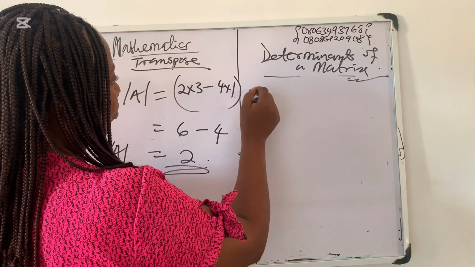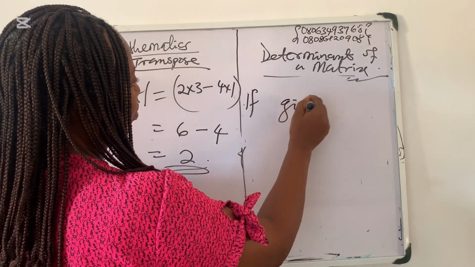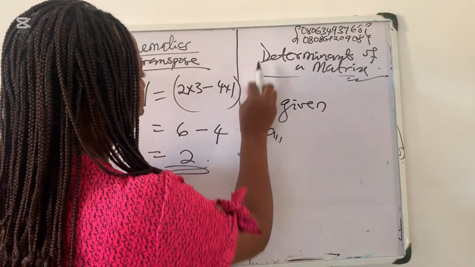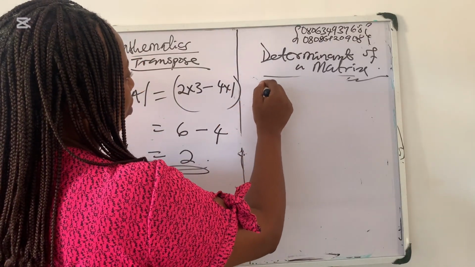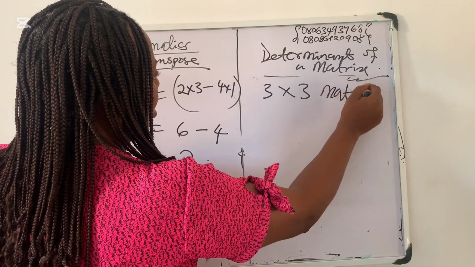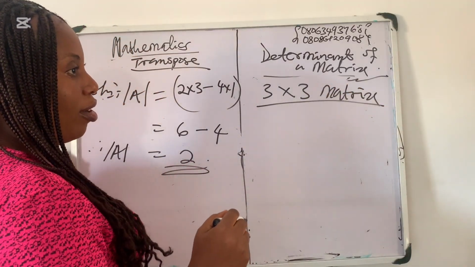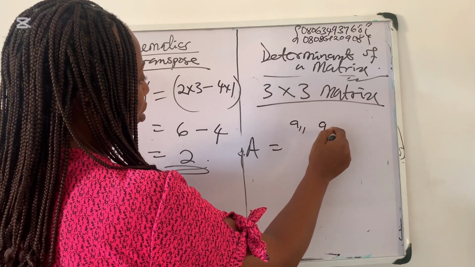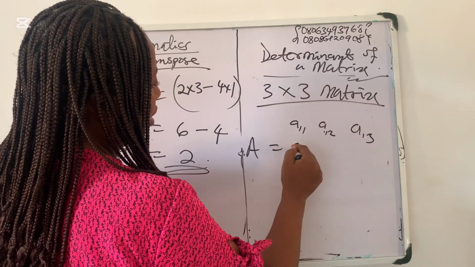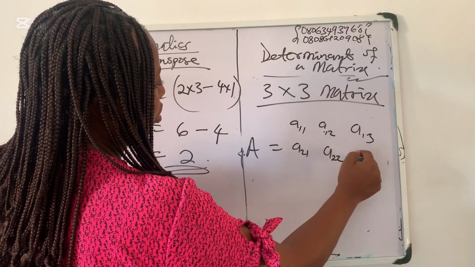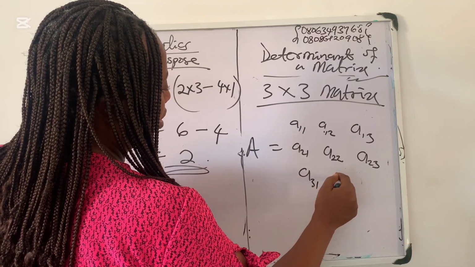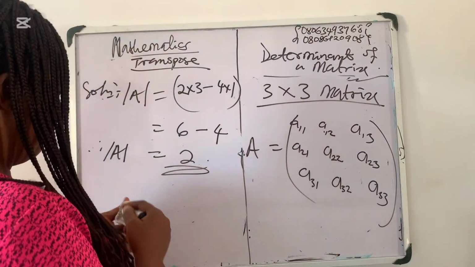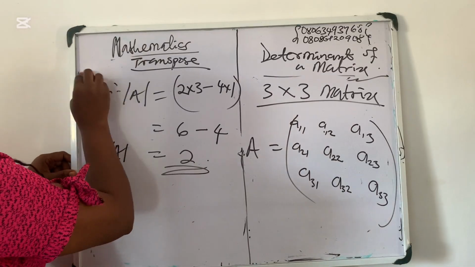Let's look at how we can find the determinant of a 3 by 3 matrix if A equals A11, A12, A13, A21, A22, A23, A31, A32, A33, and you're asked to find the determinant of A. Please follow me closely.